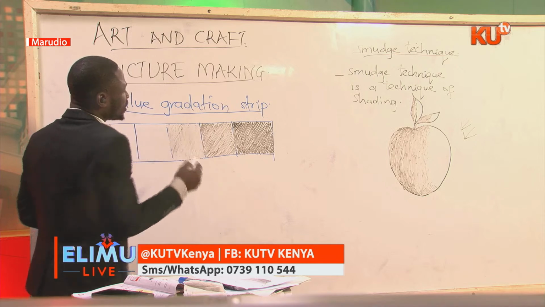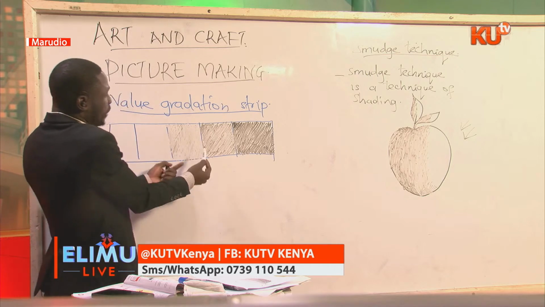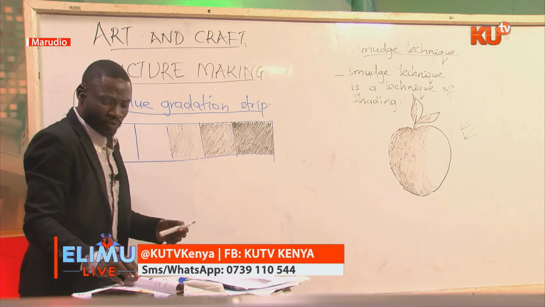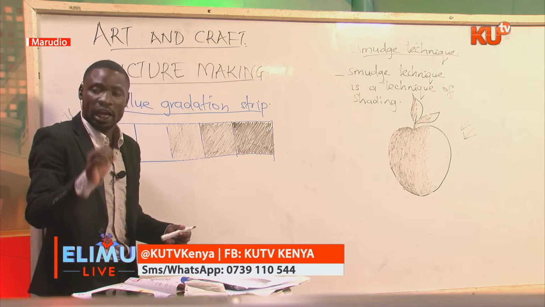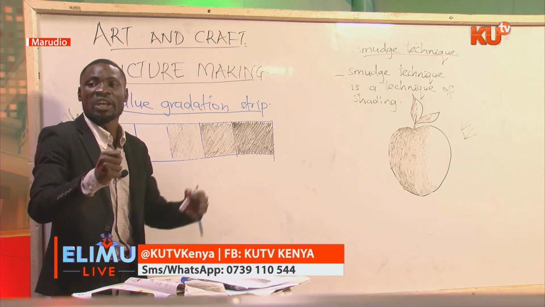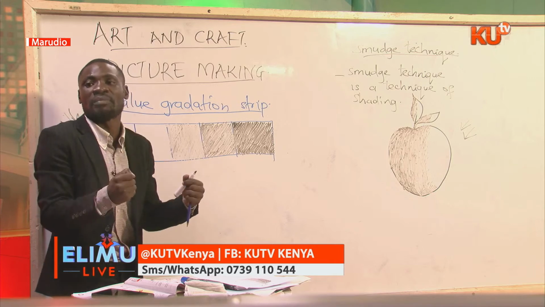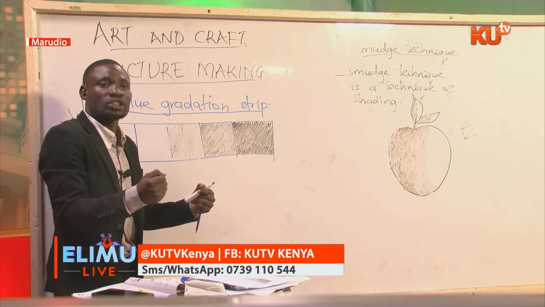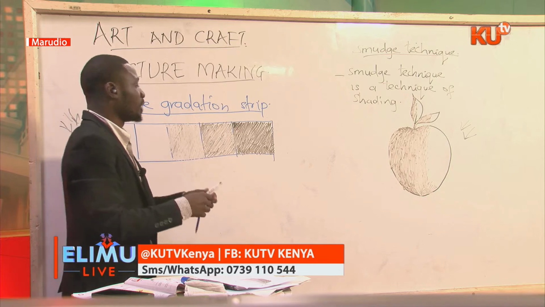So with the smudge technique, when we are coming up with tonal value, a value helps us to identify which part of an item is darker and which part is lighter.